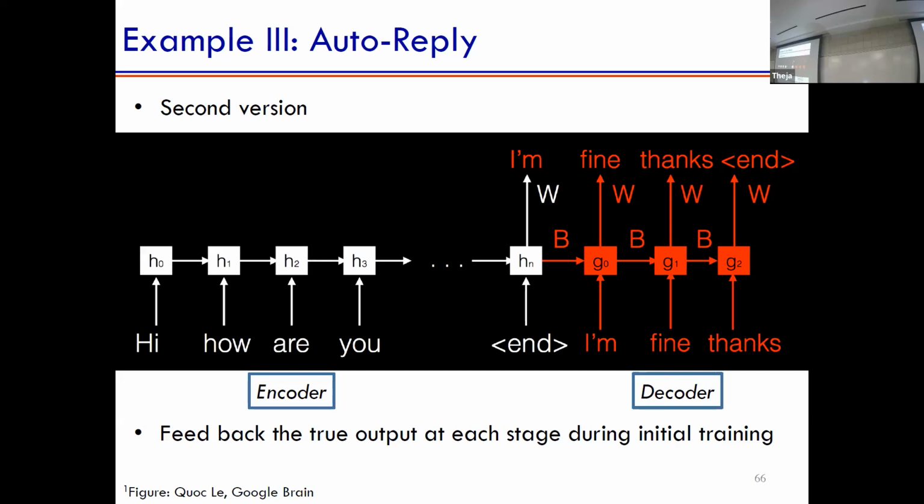The input process is not really sequential. You can give all the input at the same time. At the end of the day, you just care about this hidden vector. So we can call this part the encoder and this part the decoder. And you'll see this encoder-decoder pattern also in next lecture's architecture, which is the transformer architecture.